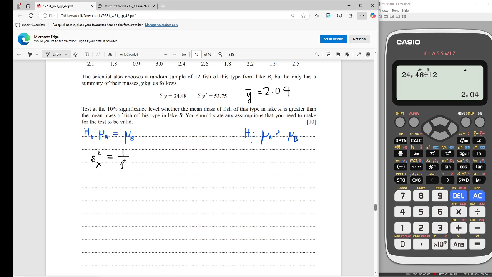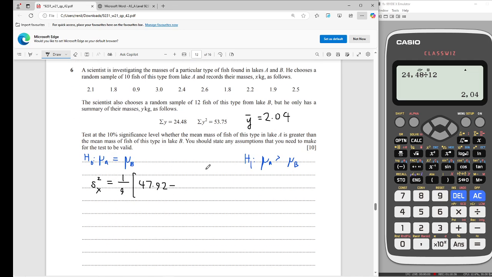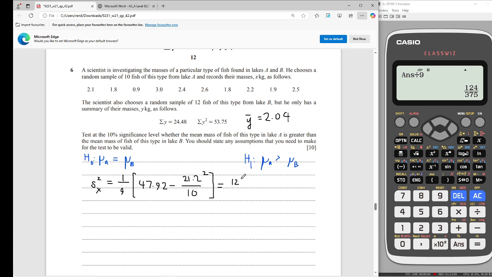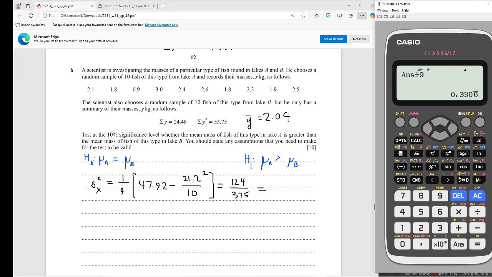Minus 1 obviously, so it's 1 over 9 of 47.92 minus 21.2 squared, the whole divided by 10. So 47.92 minus 21.2 squared over 10, divided by 9, gives 124 over 375.